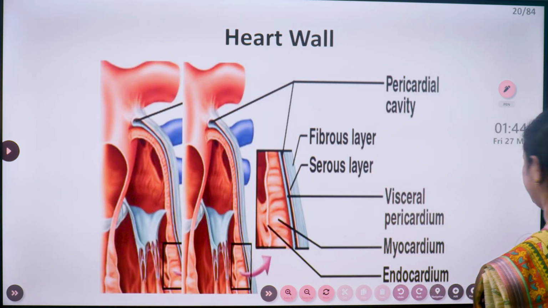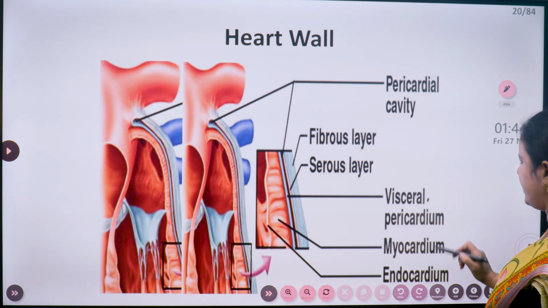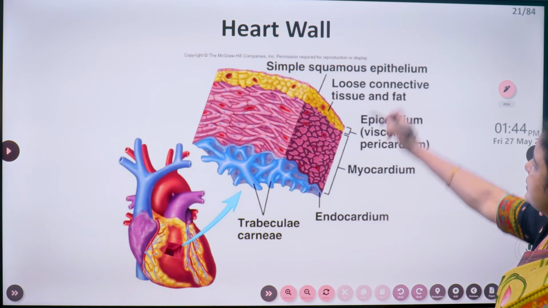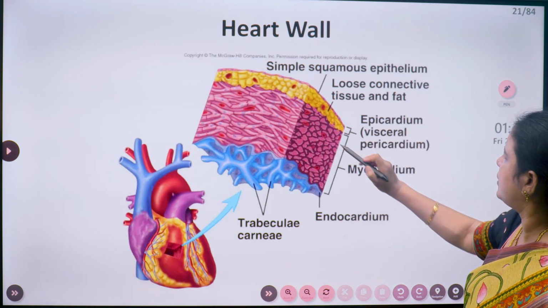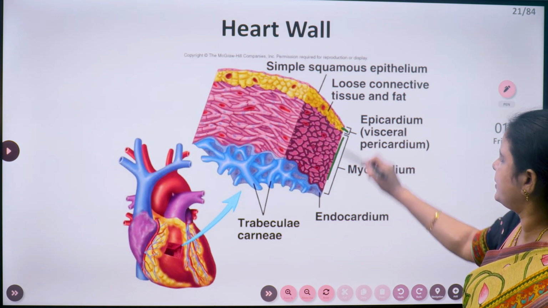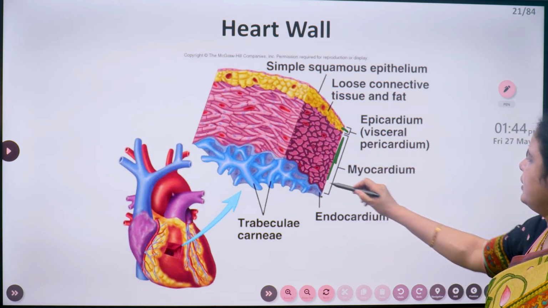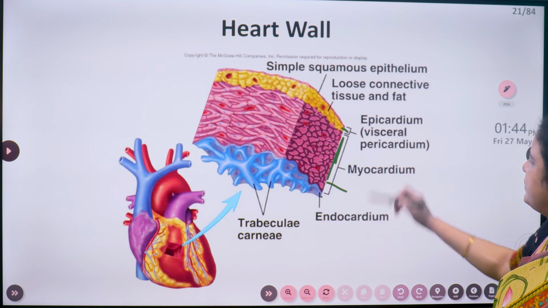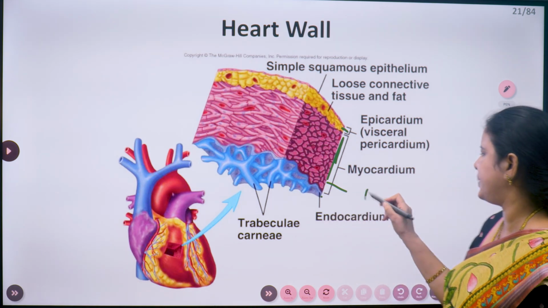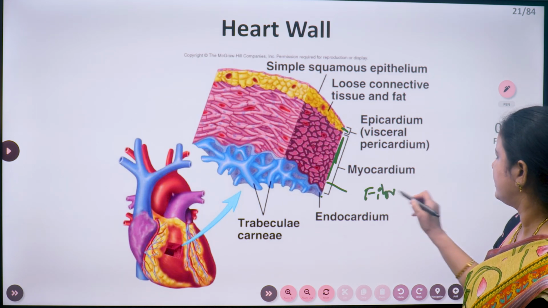So this is the heart wall: the visceral layer is epicardium, then myocardium, endocardium, and between myocardium and endocardium the crisscross tissue is called the fibrous skeleton.